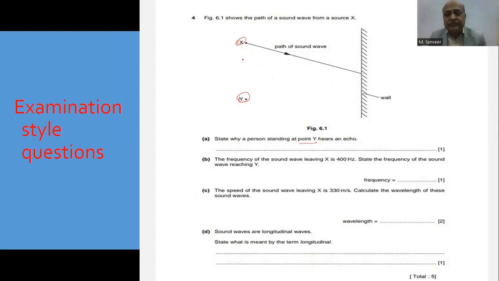Since sound is a wave and it obeys the laws of reflection, angle of incidence must be equal to angle of reflection.